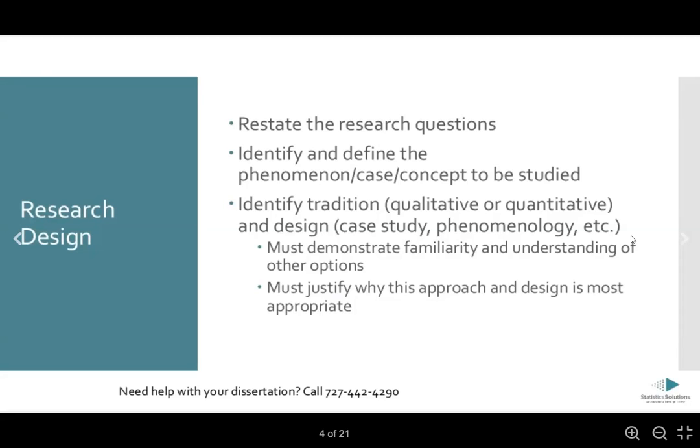So that could look like talking about the different applications of a case study, of a phenomenological study, and of a grounded theory study. And then using the problem and purpose and research questions that you've already outlined, identify for the reader how the specific research design that you've selected aligns with those problem, purpose, and research questions.